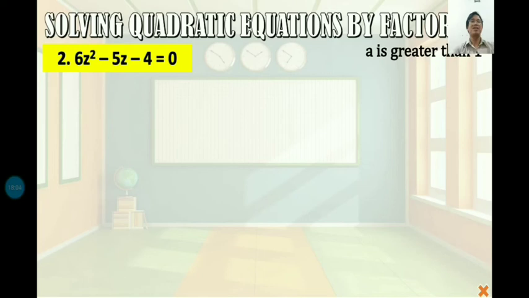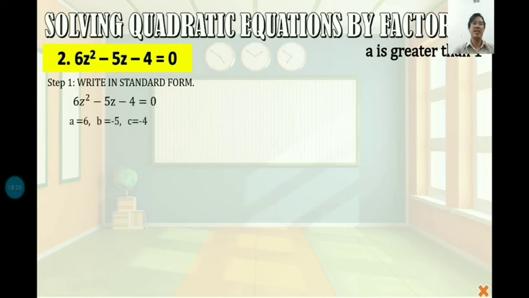6z squared minus 5z minus 4 equals 0. Since the equation is already in standard form, we can now get the values for a, b, and c.